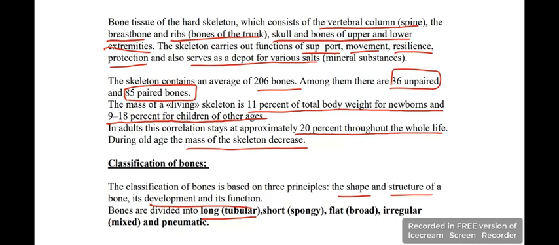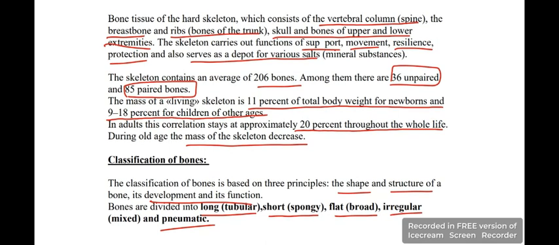Okay. Short and spongy bone, flat bone, irregular bone, pneumatic bone. Pneumatic bone is the ethmoid bone. Flat bone would be the skull bone, and irregular would be the cervical, like vertebral bone. Flat bone would also be the scapular bone, and short bone would be the carpal bone.